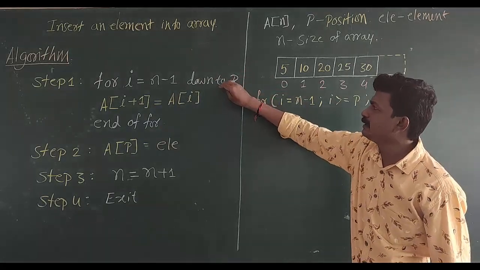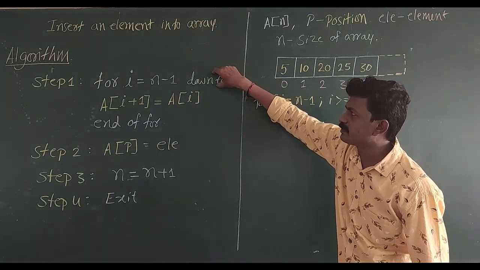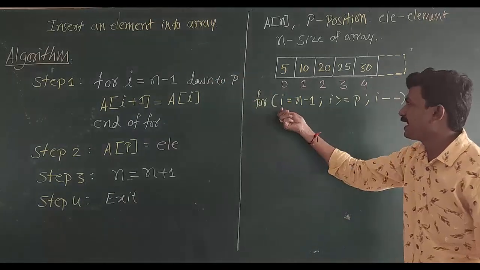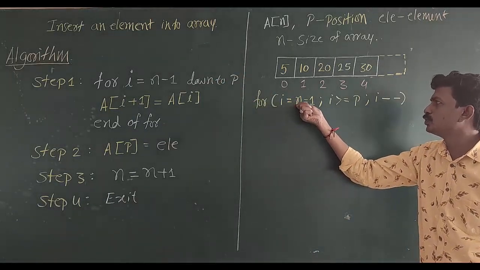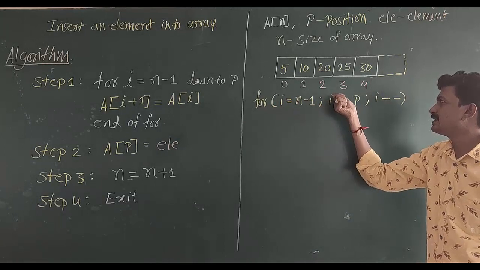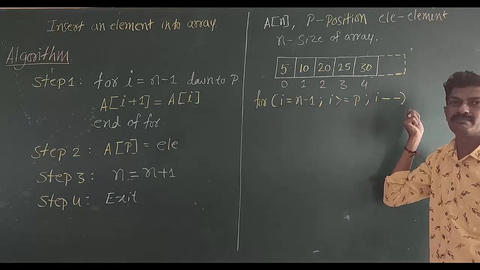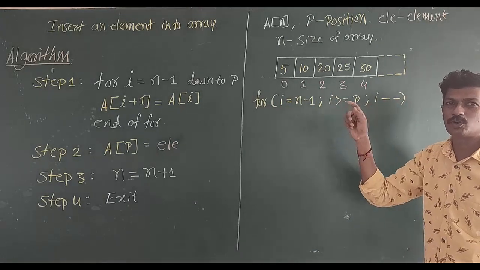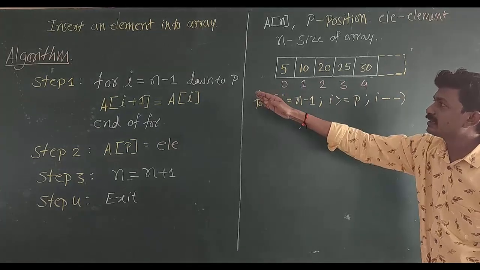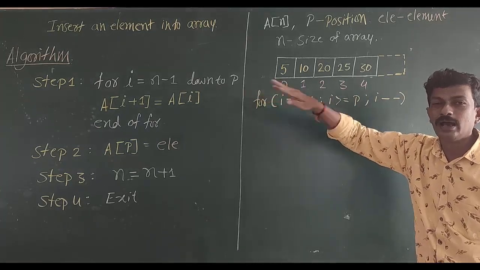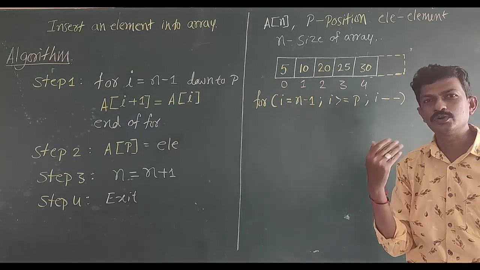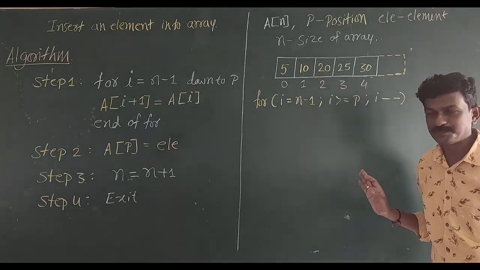Usually we implement this statement in programming code like this: for I equal to n minus 1, I greater than or equal to p, I minus minus. Every time it decrements the I value until we reach the particular position, and all the elements are shifted to their next index value.